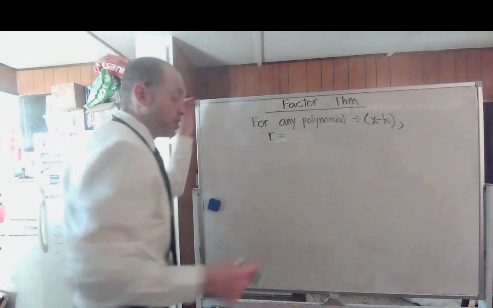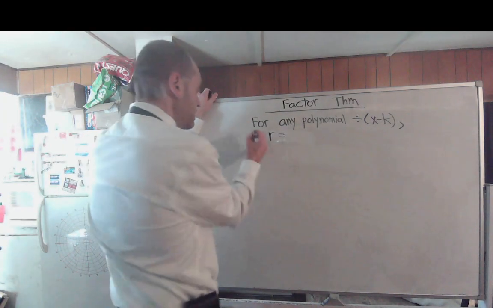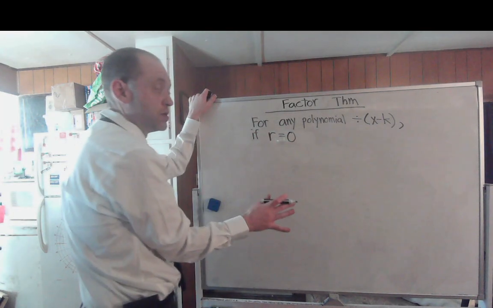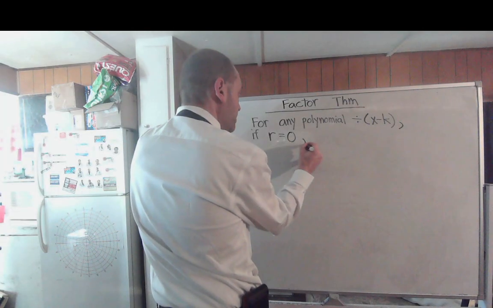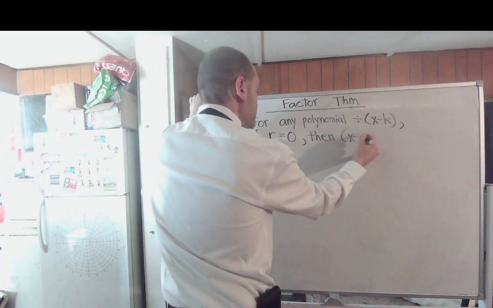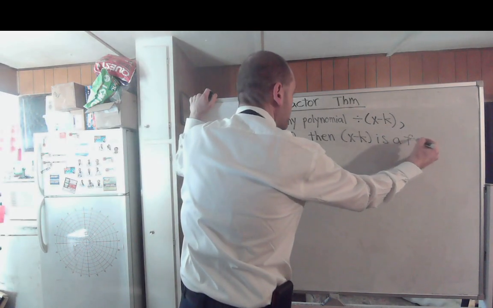So for any polynomial divided by an x minus k, if the remainder equals 0, then x minus k is a factor.